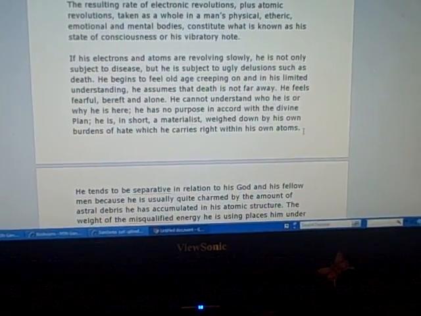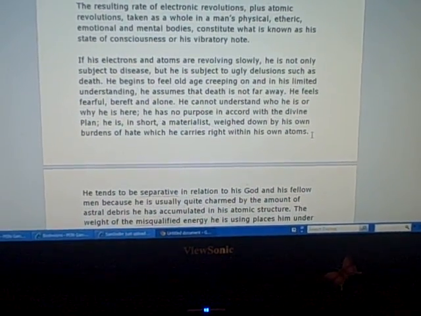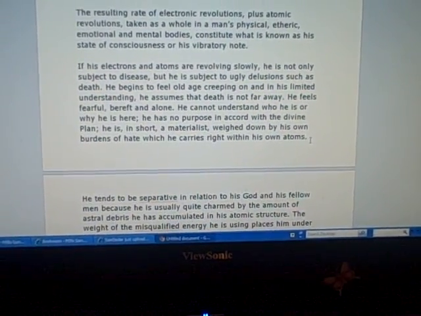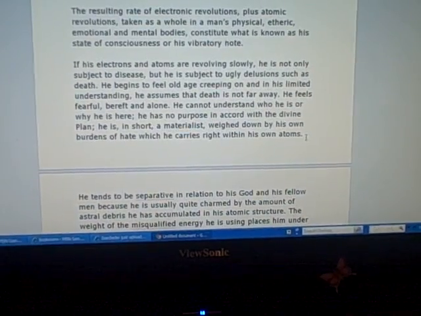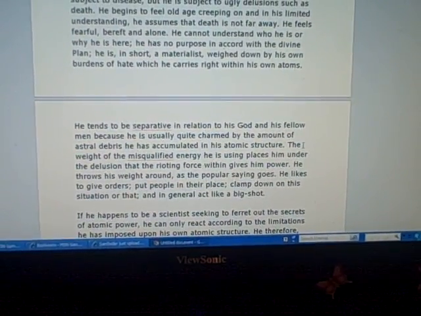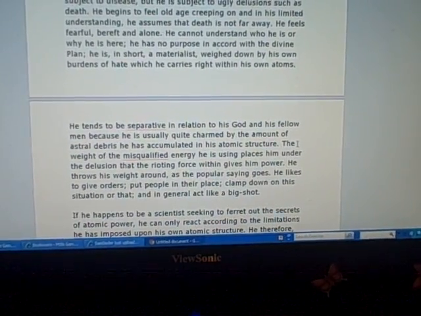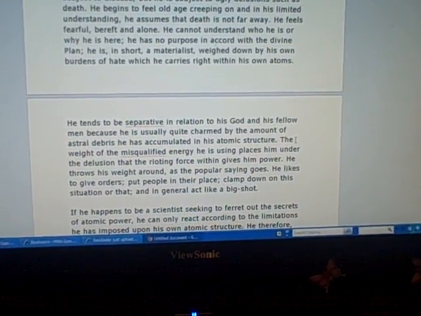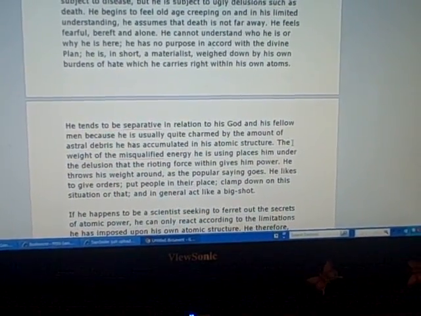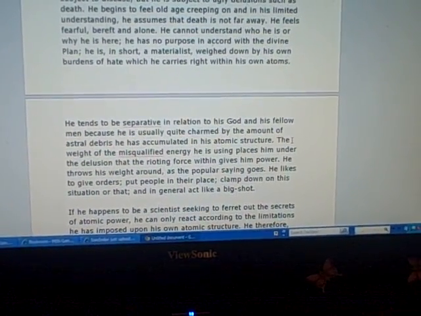He has no purpose in accord with the divine plan. He is, in short, a materialist weighed down by his own burdens of hate, which he carries right within his own atoms. He tends to be separative in relation to his God and his fellow man, because he is usually quite charmed by the amount of astral debris he has accumulated in his atomic structure.